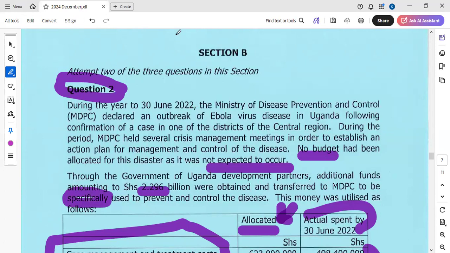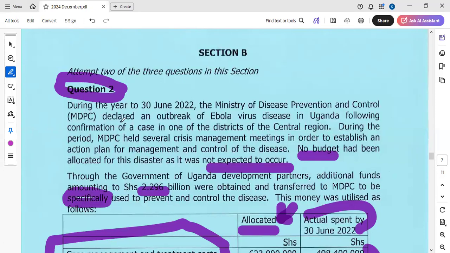Then there is IPSAS 1, which is now actually part of IPSAS 47. Remember, those things were merged. So it is IPSAS 47. IPSAS 9, IPSAS 24, IPSAS 23, those ones were merged to form one, IPSAS 47.